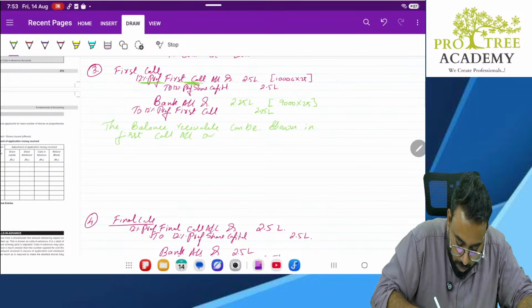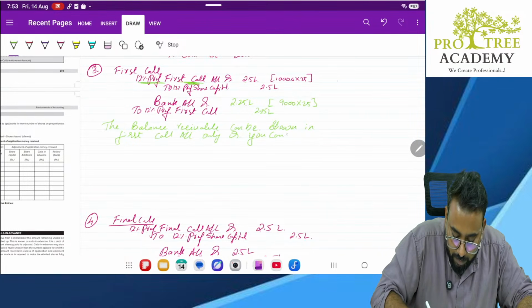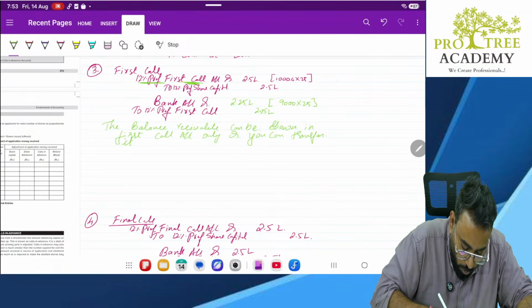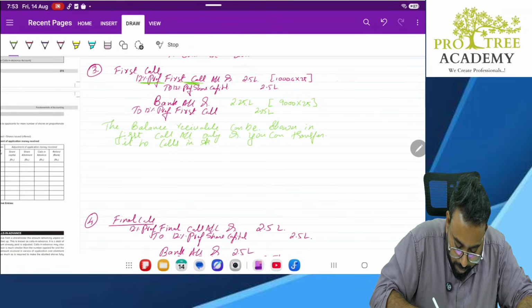It stays in the first call account only, or you can transfer it to calls in arrears.